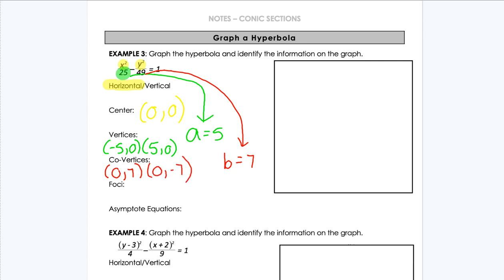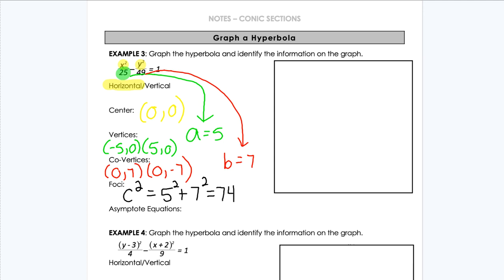And then lastly, we can find our foci. Remember that equation, c squared equals a squared, which we know is 5, plus b squared, b is 7. When I add those together, 5 squared is 25, 7 squared is 49, so that gives me 74.